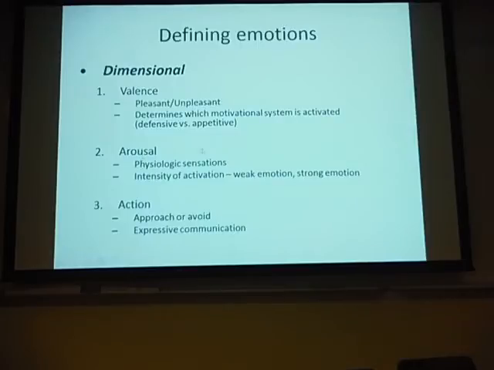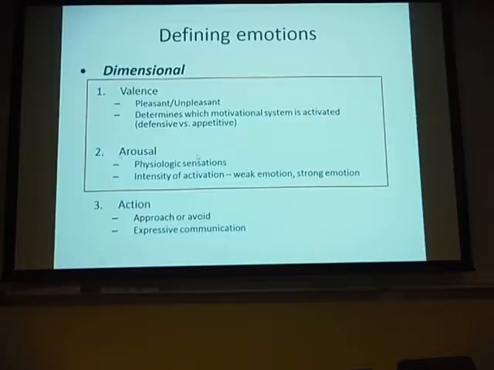Again, the arousal aspect of emotions, and not just what is the physiological response, but how strong is that response? Something like anger occurs across a dimension of being very angry and just a little pissed off. So we can look at these things again, not just as an if-then, but on a scale of strong to weak. And those are the two that we'll look at in the next slide.